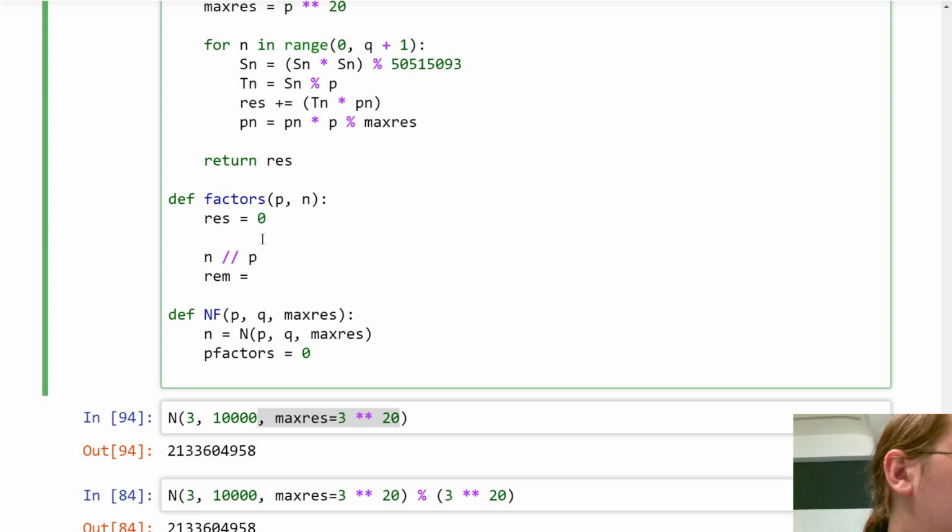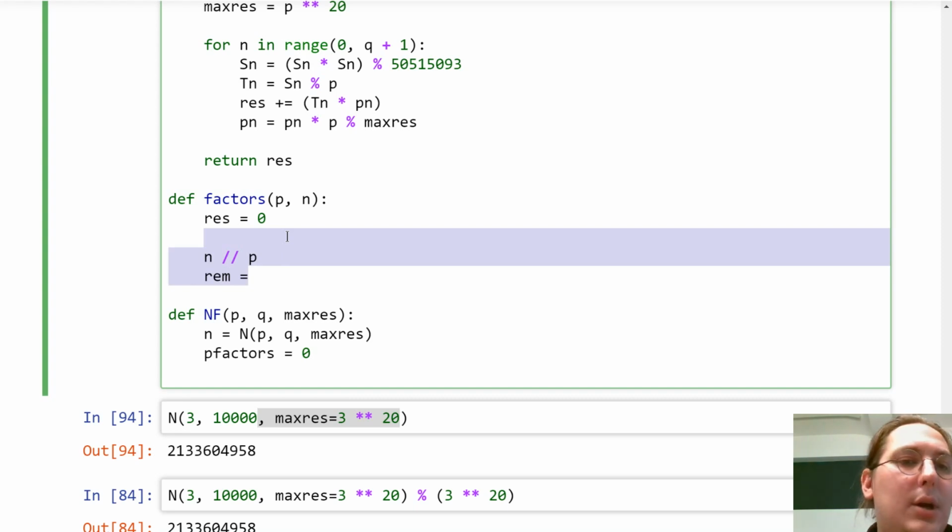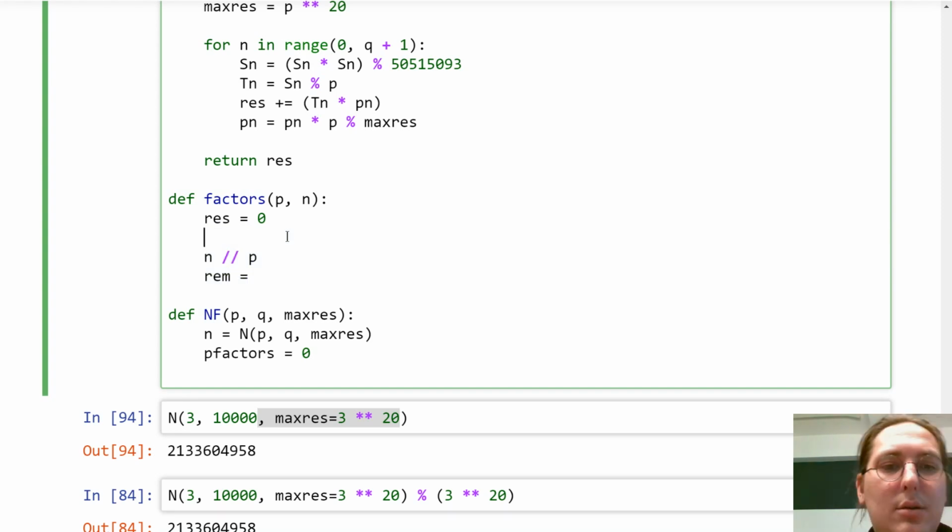Just put another variable, call the same function, but with a different n. N is n over p, and then res is res plus n, while n is bigger than p.